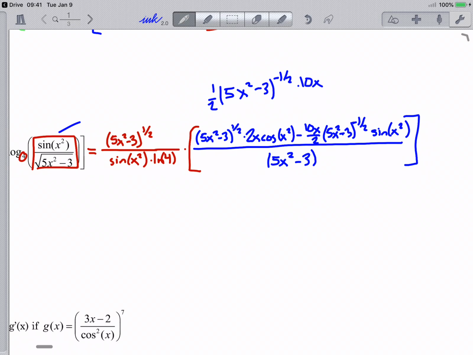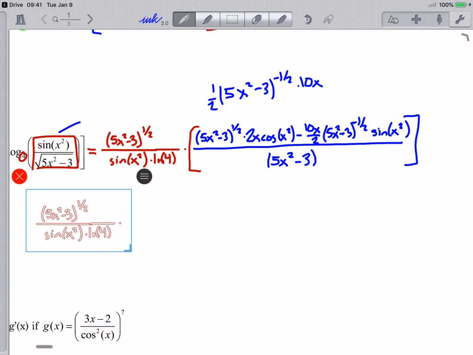So if you watched my factoring video, we can clean this up a bit. I've got this that I'm going to just copy, if I can do it nicely. There we go. And then I can factor out, so this 10x over 2 is just going to be 5x. So I can't factor out any coefficients, but I can factor out an x.